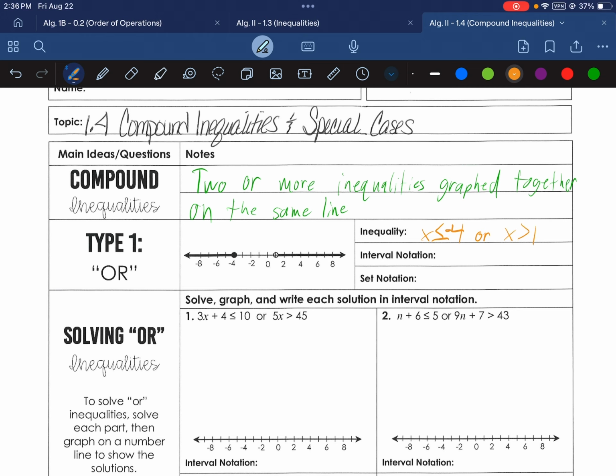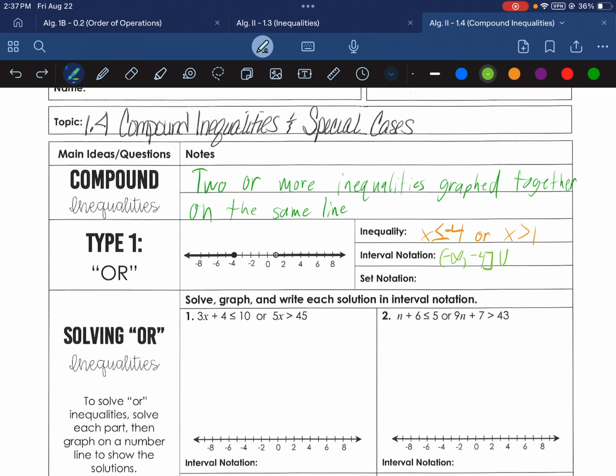And if we write it in interval notation, we write this from left to right. We go forever left, negative infinity, comma, we go right to negative 4, and the negative 4 would be a bracket, negative infinity would be parentheses, like we covered before in 1.3. Then we're going to put the other side over here. Now when we do interval notation, we have to put this little u, very specifically without a tail.